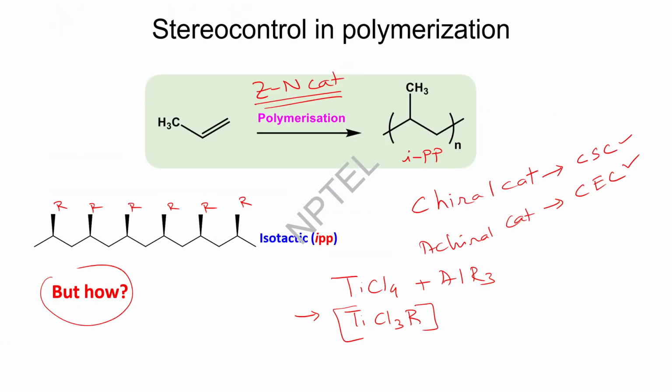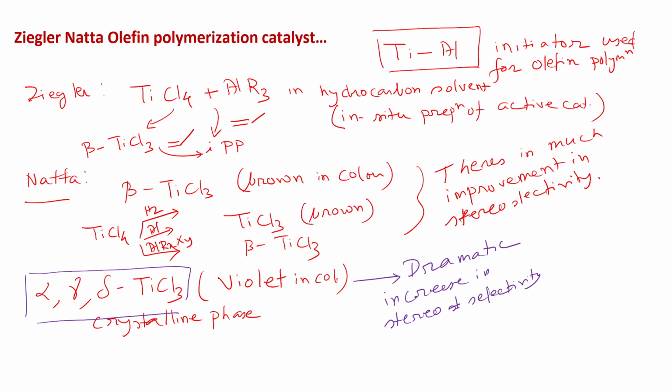This particular part we have read already, the stereochemistry and how it varied and how that variation can be done. So that we have already discussed. And here another thing is the difference between Ziegler and Natta: the use of different TiCl3.